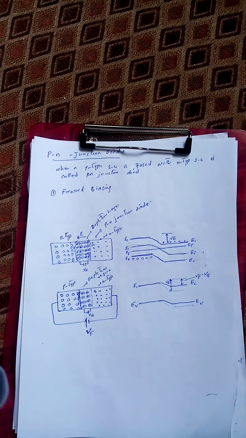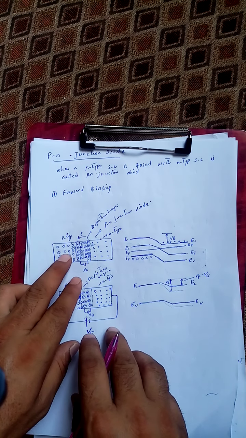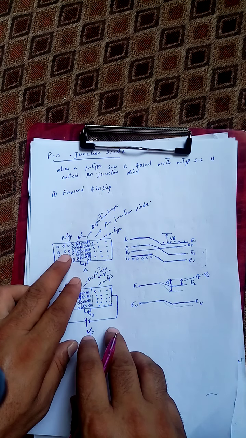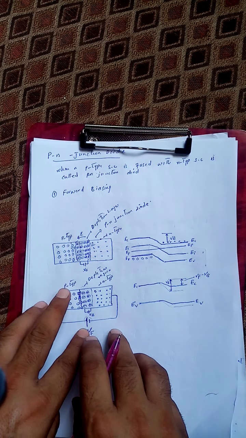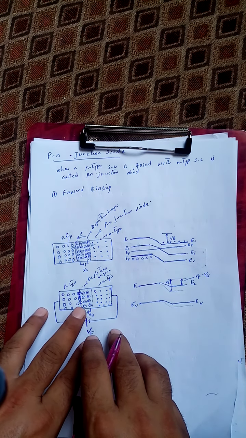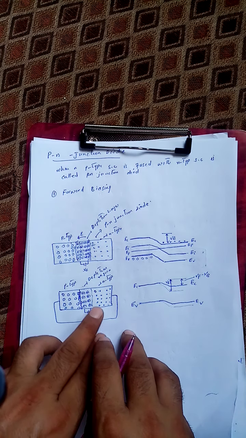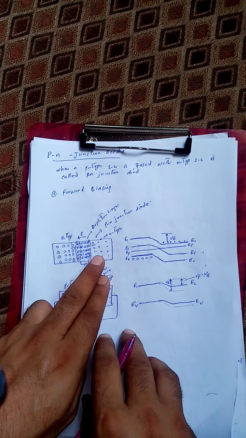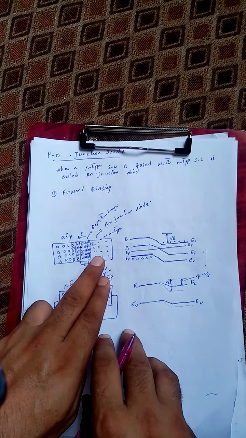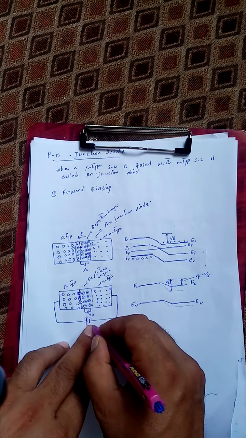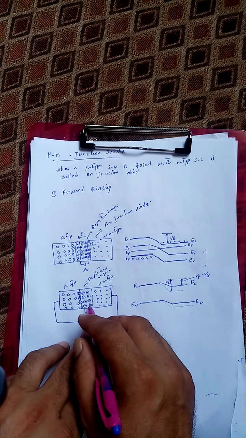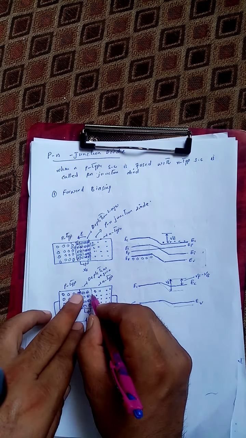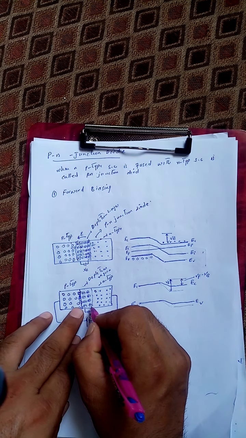The majority charge carriers of the p region, which are holes, are repelled by the positive potential of the battery towards the junction, and similarly the majority charge carriers of the n region, which are electrons, are repelled by the negative potential of the battery towards the junction. As a result, the width of the junction decreases.